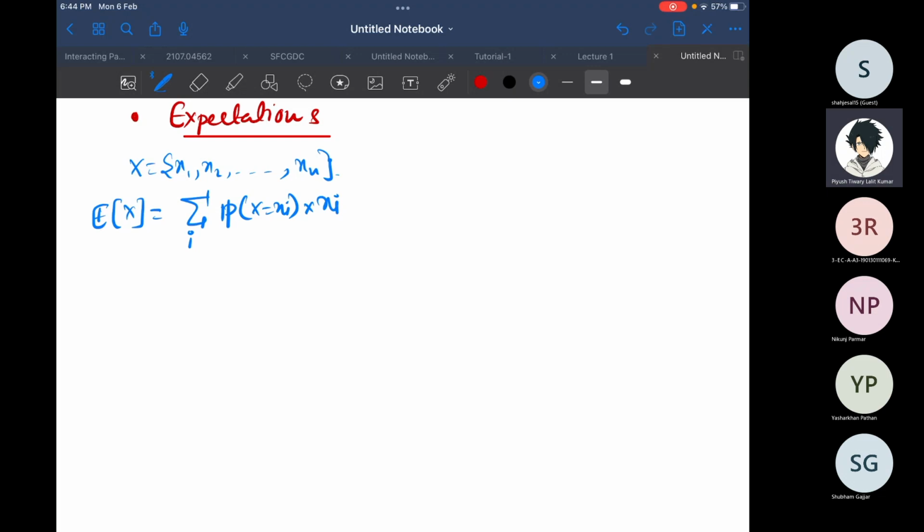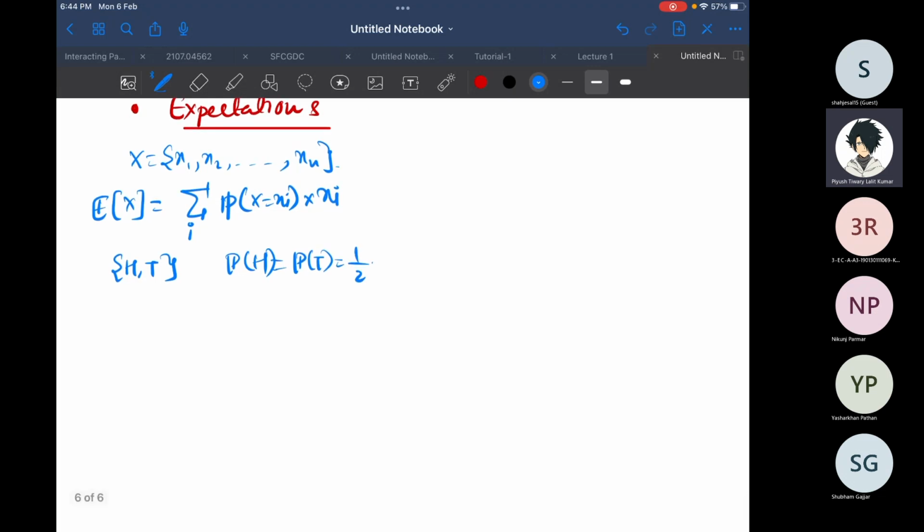So it's like a weighted sum. For example, if you have heads and tails, with probability of heads equal to probability of tails, which is equal to half, and let's say the random variable used to define heads is 1 and tails is 0.